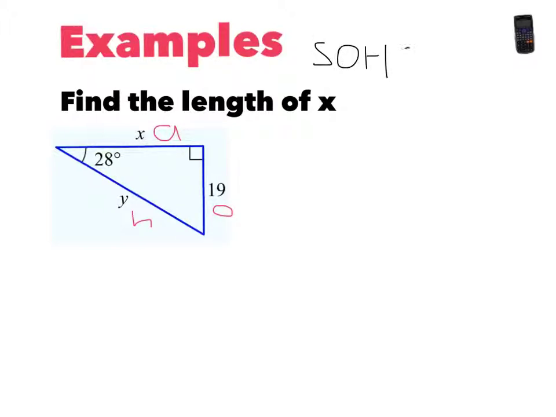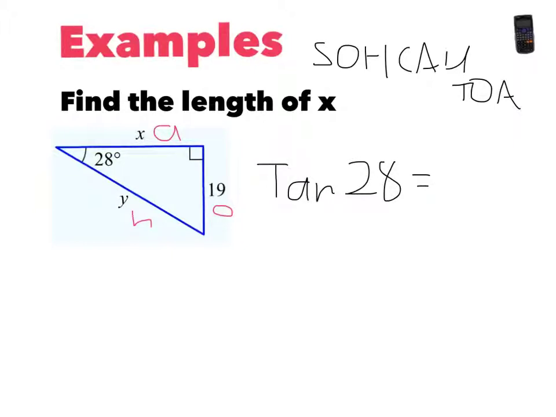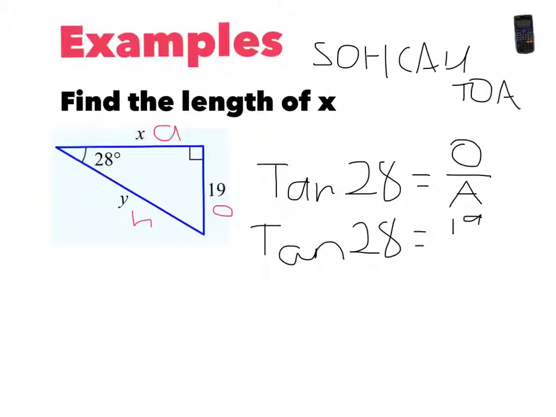So when I write down my formula, SOHCAHTOA, I know I need to use my tangent rule. Tan of 28 degrees is equal to my opposite over my adjacent. Substituting into my formula, the tan of 28 degrees is equal to 19 on x.